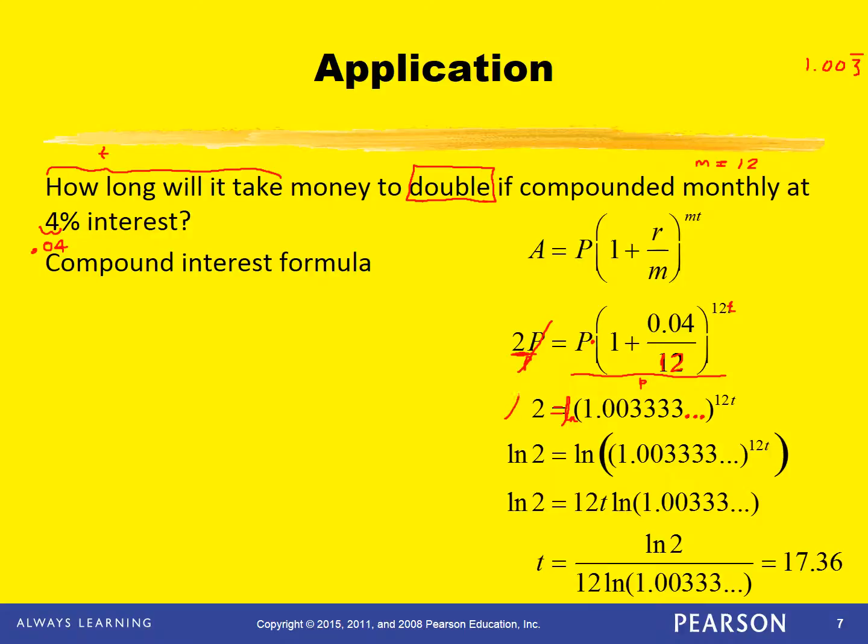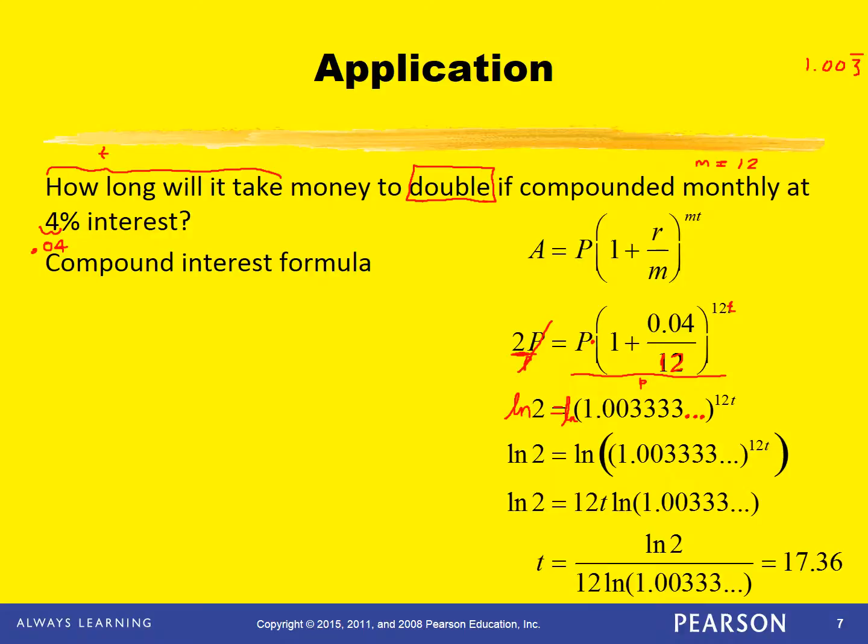So take a natural log of both sides, and then that 12t, well, here's where that key property of logarithms comes in. We were saying it's such a big deal, okay? And now here's where it comes in.